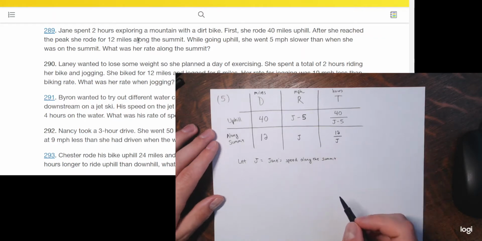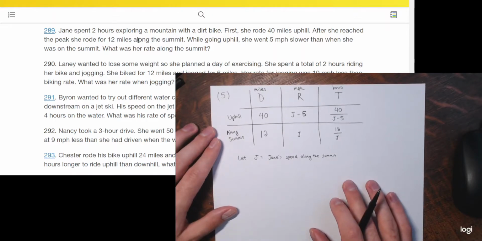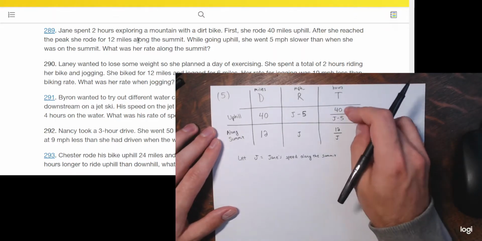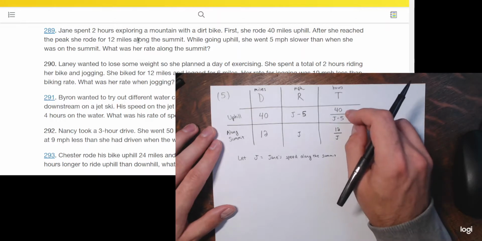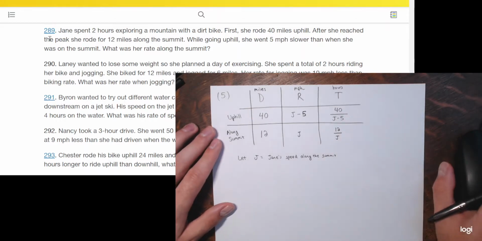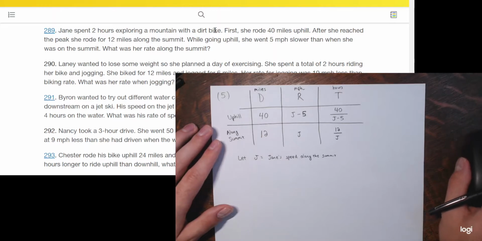Alright, now here's where it gets a little different. These times are not equal. In the first 4 questions, we were setting the times equal to each other. This is different. Look at the very beginning of this. It just says Jane spent 2 hours exploring a mountain with a dirt bike.